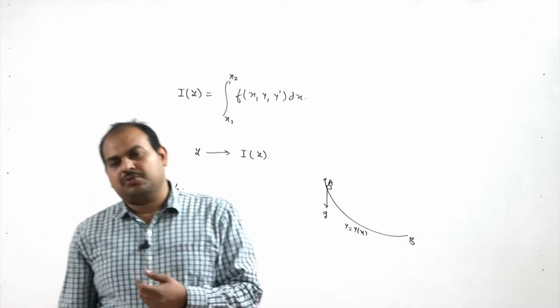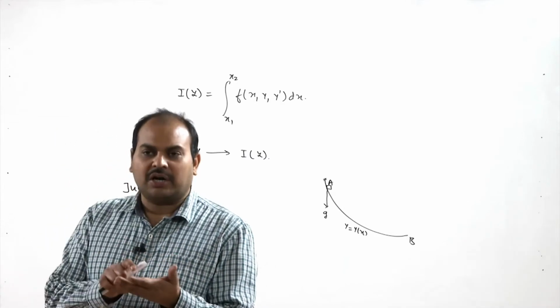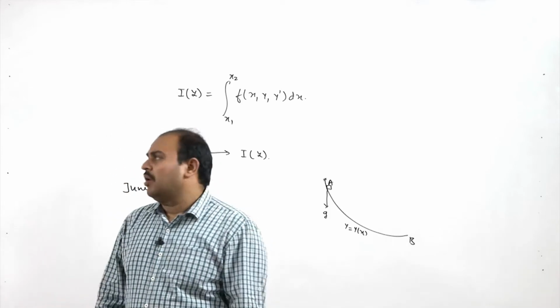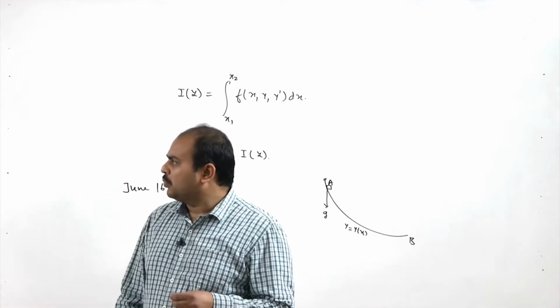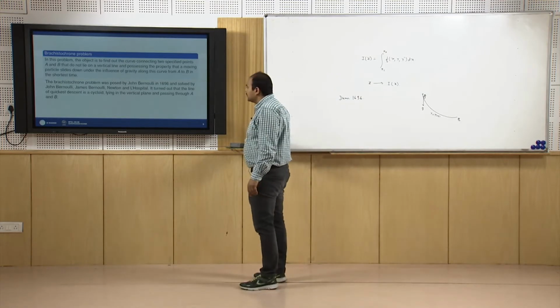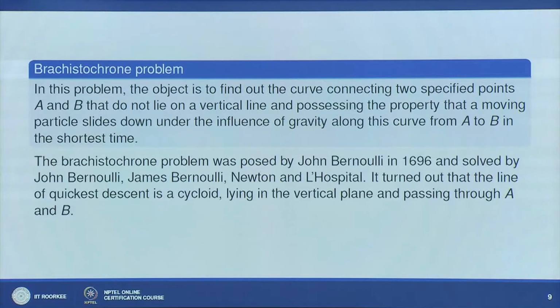In fact, Brachisto means shortest and chrone means time. So it is a problem of shortest time, or you can say a problem of quickest descent, and this problem was posed by John Bernoulli in 1696 and solved by John Bernoulli himself, his brother James Bernoulli, Newton, Leibniz and L'Hopital.